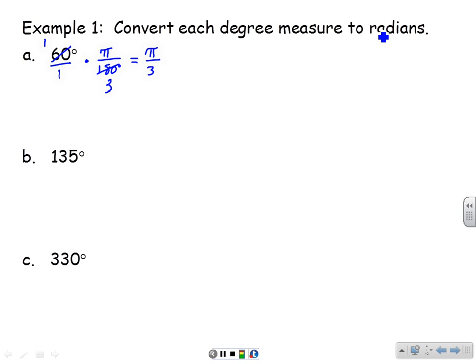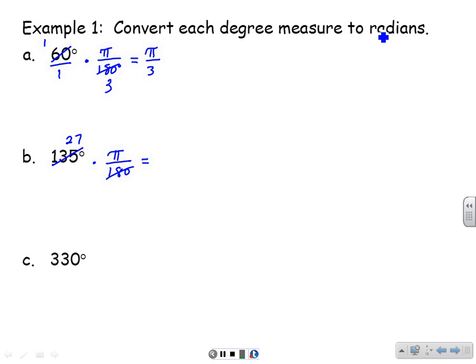Okay, so 135, same thing. We're going to get rid of degrees, and we want it in terms of pi because we're converting it into radians. And so what we're going to do is we're going to reduce this. Let's see, 135 divided by 5, that's going to be 27.